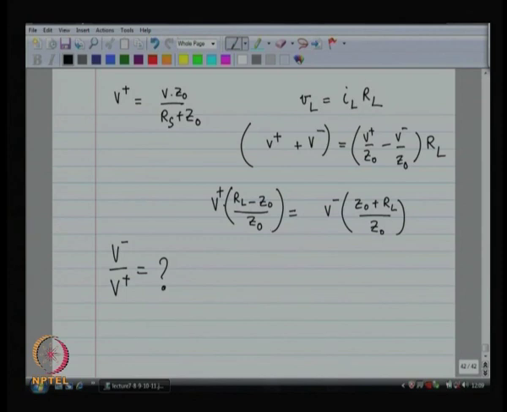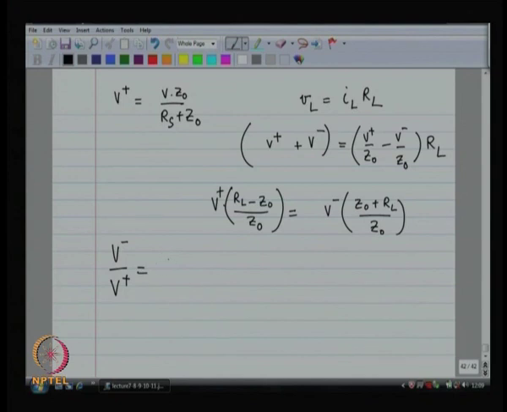If a wave of size V plus hits you, it is going to create a reverse moving wave of size V minus. What is the value of V minus? It is going to be V plus times RL minus Z naught by RL plus Z naught. So, this quantity is the reflection coefficient, also known as gamma.